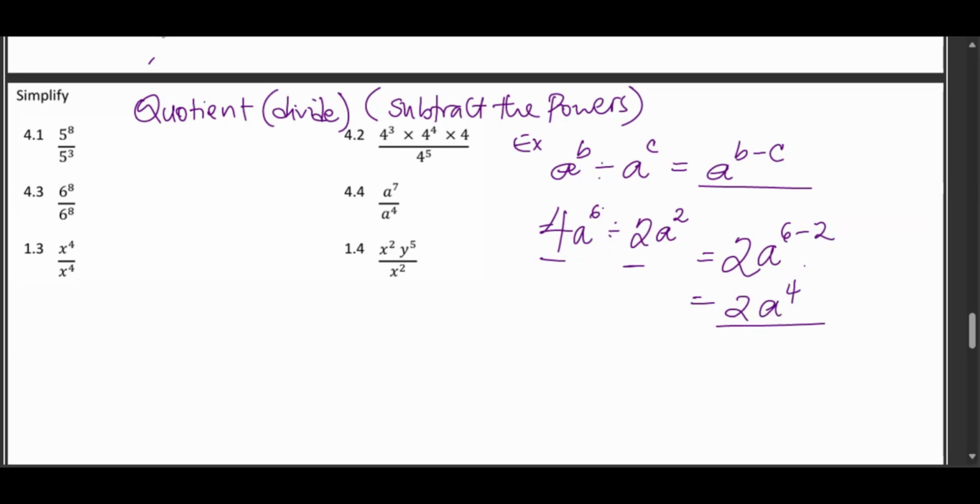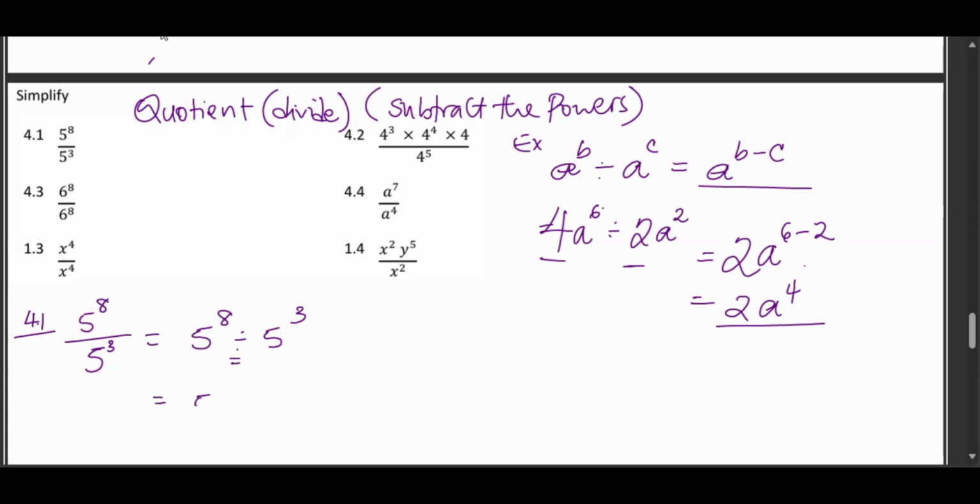All right, let's try out this question. Simplify. When we simplify, we simply need the answers. So, 4.1. When you look at 5 to the power 8 divided by 5 to the power 3, since we are dividing, what happens?